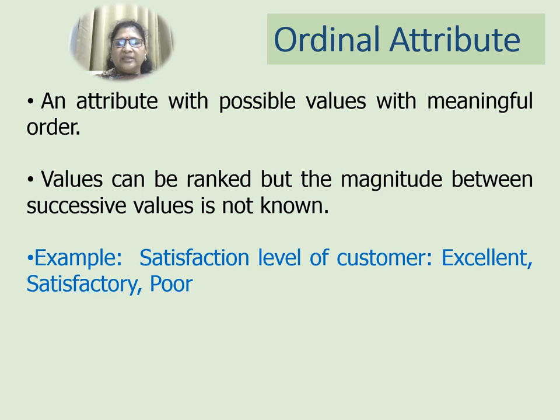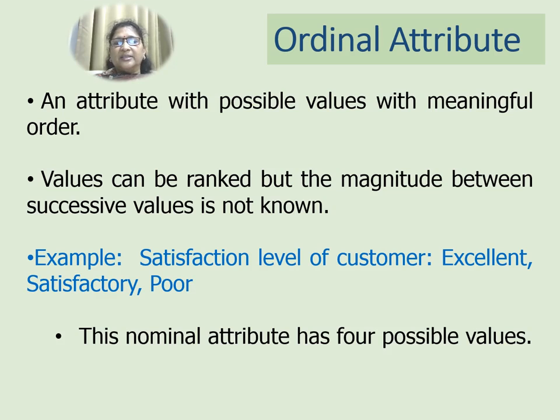We rank the items from excellent satisfaction, then satisfactory, and then poor. So order has meaning, whereas we cannot meaningfully talk about the values between them. We cannot talk about what lies between excellent and satisfactory, or between satisfactory and poor. There is no meaning in discussing this.